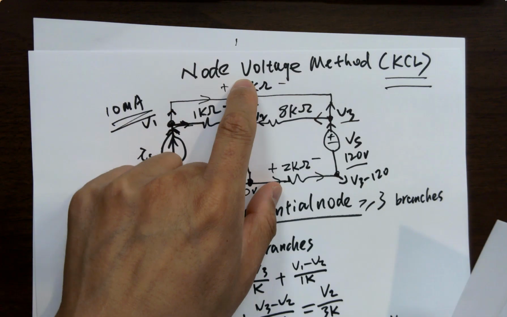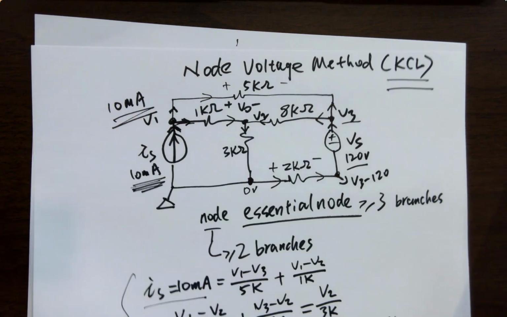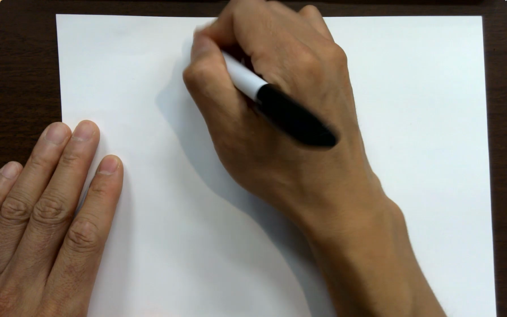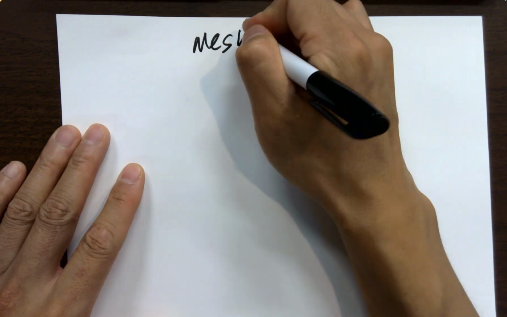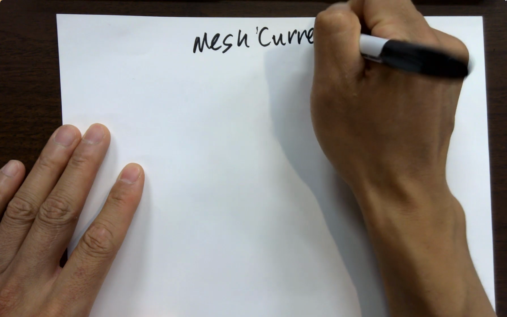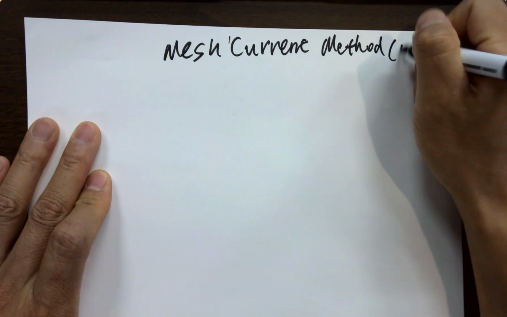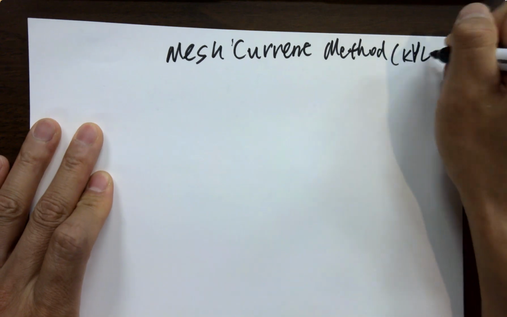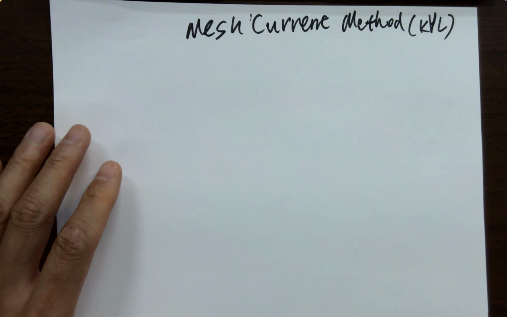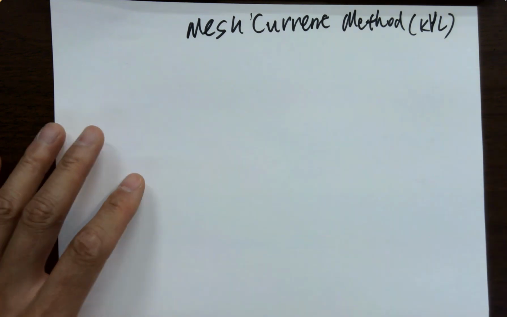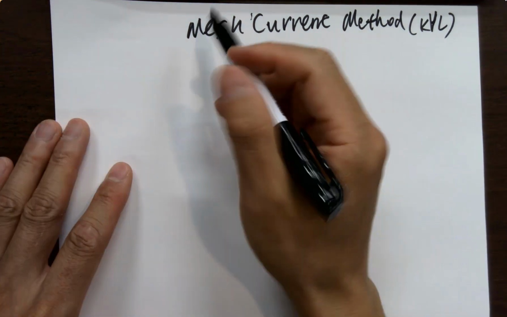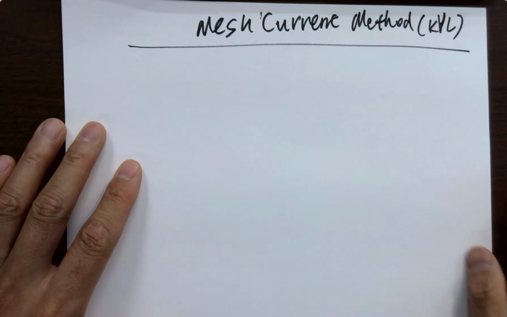Node voltage method is usually the first one you guys are going to learn, and the second one is called mesh current method, which uses KVL, and this is really useful. Both are very useful, but this is actually easier math-wise.